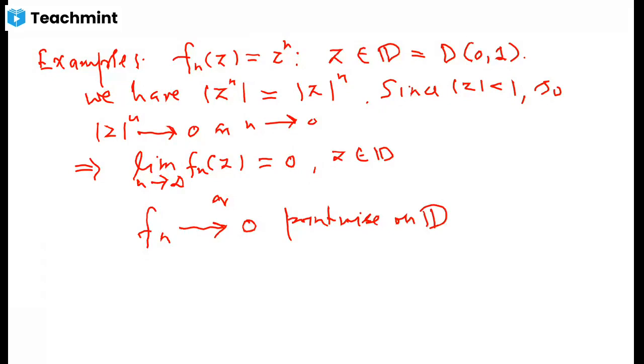In general, when you have a sequence of functions which is pointwise convergent, that is, for each point this limit exists, this limit is always a complex number. And obviously it is a pointwise limit, so it will depend upon the point.